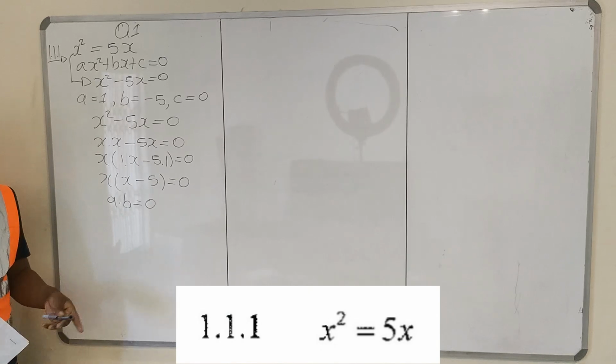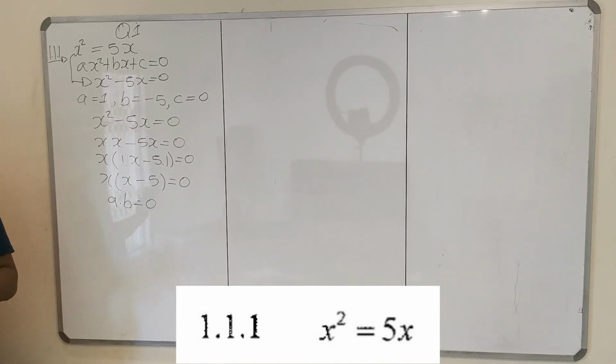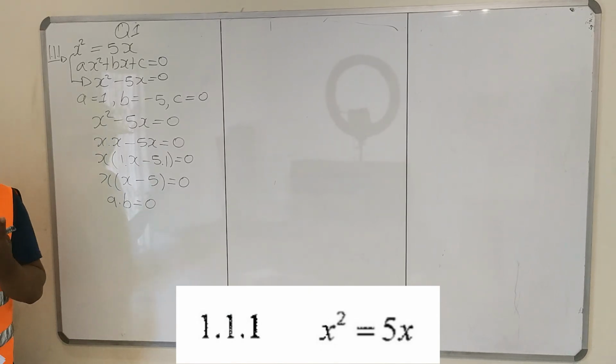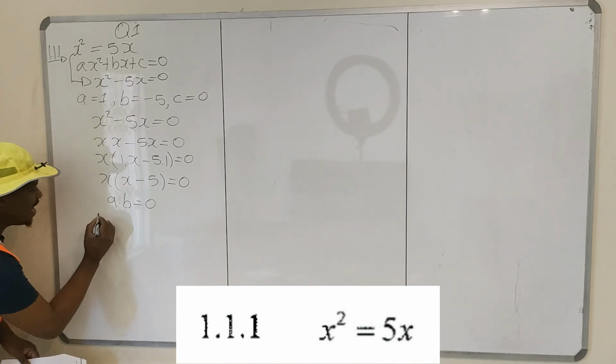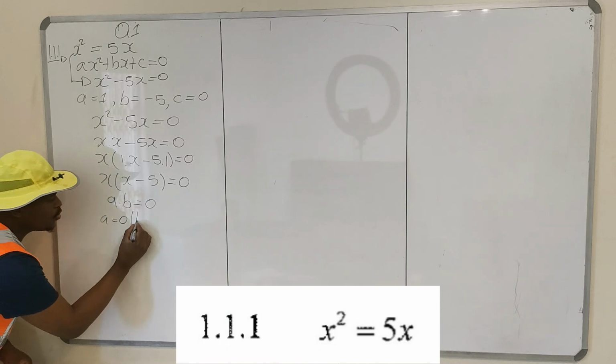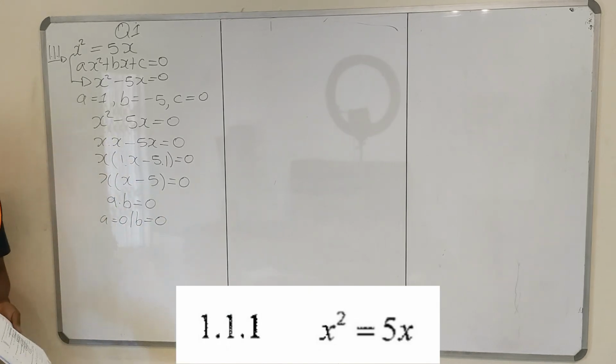One of them should be 0, because if you're multiplying two things and the answer is 0, the only way you can achieve that is if one of them is 0. Is that clear? You should always know this.